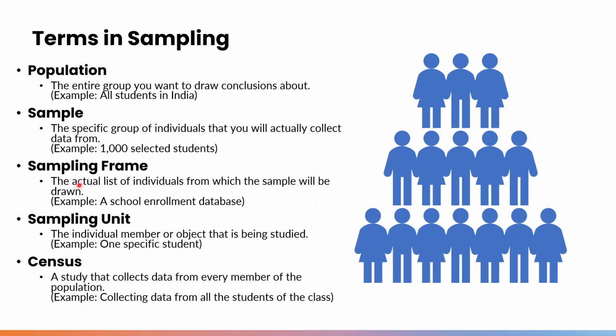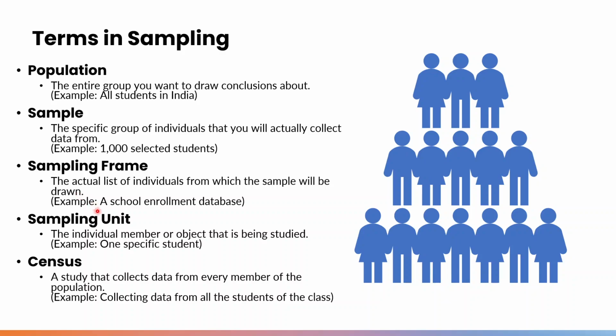Then the third term is sampling frame, the actual list of individuals from which the sample will be drawn. Normally when we are trying to select the samples, how do we select them? Maybe from every college we ask them to give us the admission list.